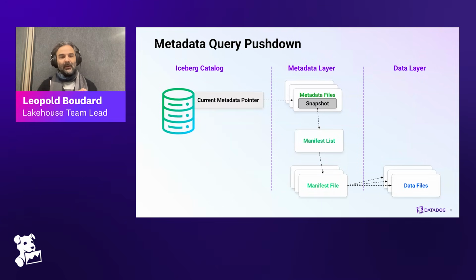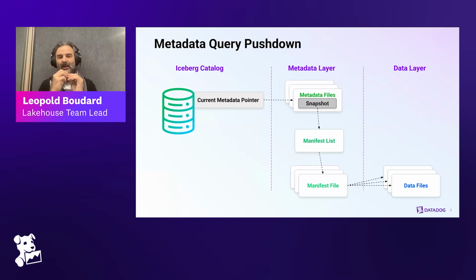And here in this slide, you have a brief overview of how Iceberg metadata is structured. First you have the Iceberg catalog, which is responsible for keeping the pointer on the metadata file. The metadata file is a tiny JSON that stores table schema, partition specs, and snapshots lineage.